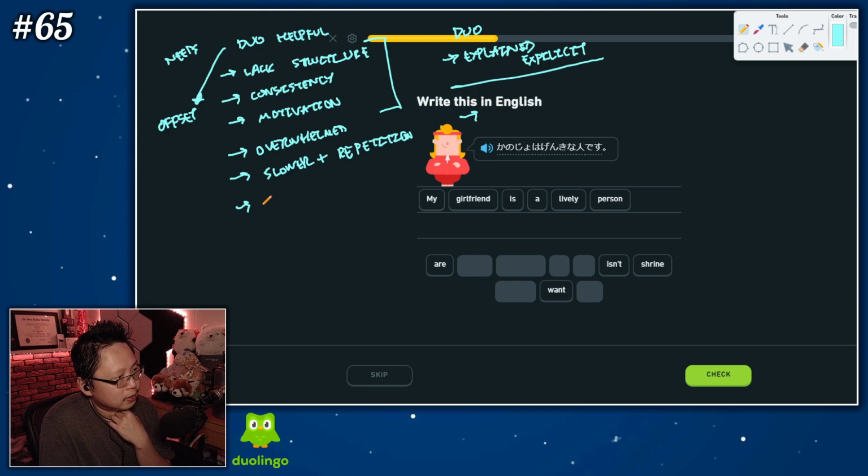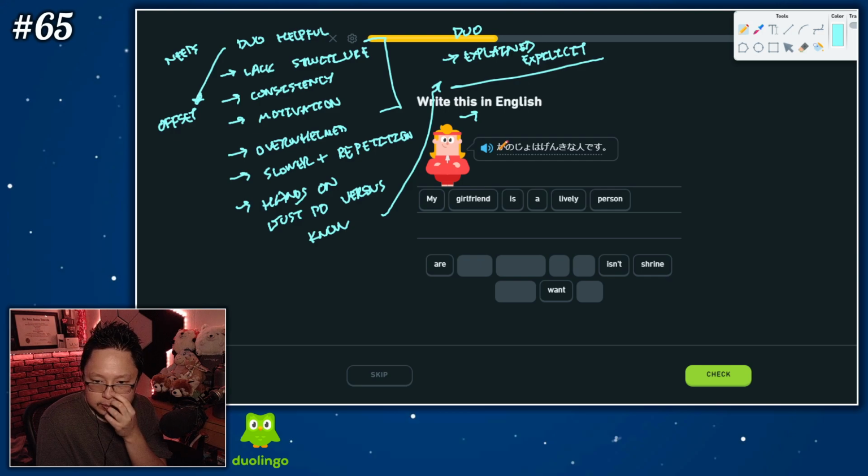And hands-on, if you're more of a hands-on person, so just do versus know what you're doing, it's the counter of this. If you like to get corrected, like if you're concerned with being right all the time, then it's not Duolingo.